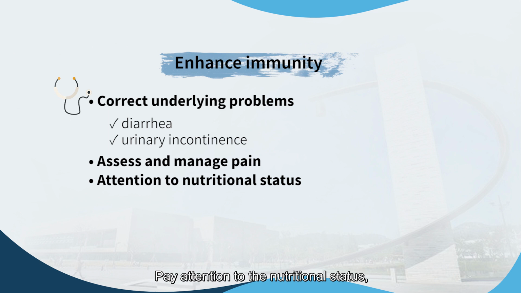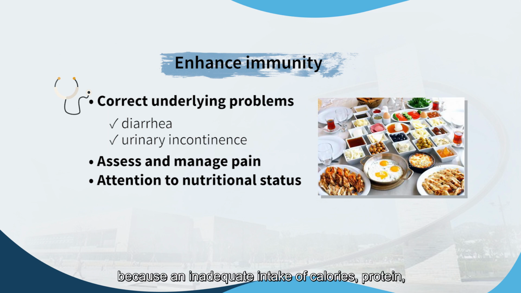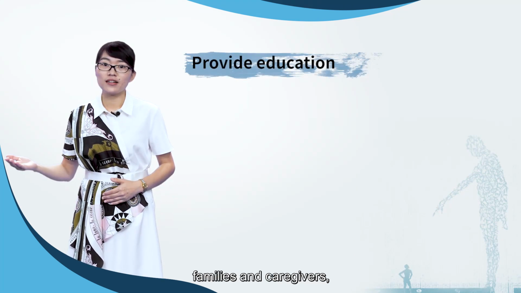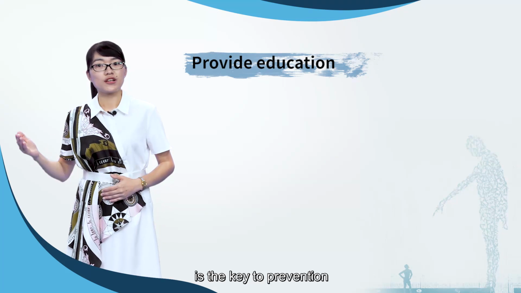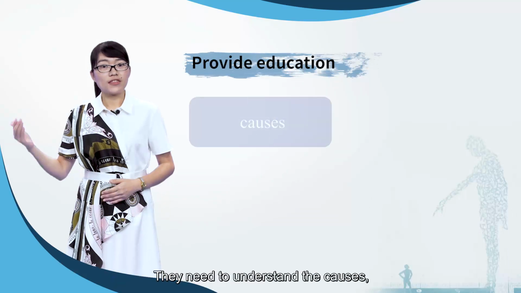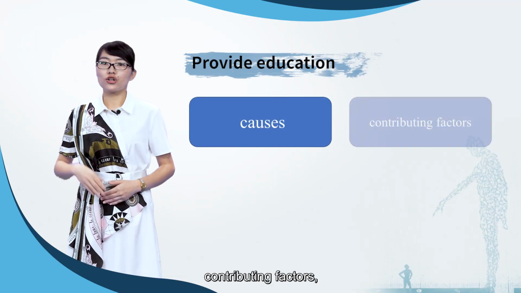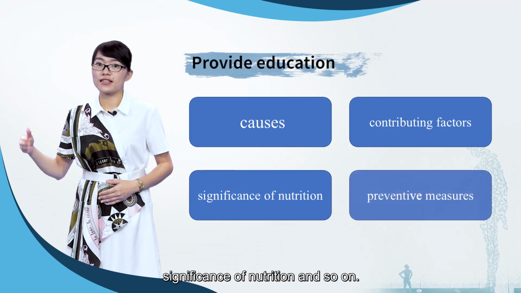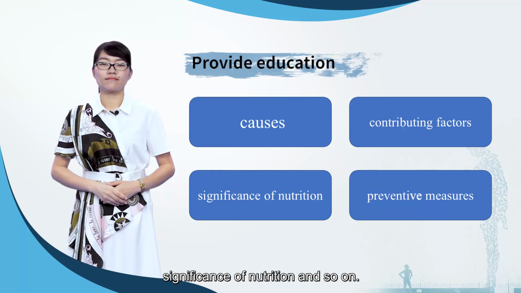Pay attention to the nutritional status, because an inadequate intake of calories, protein, vitamins, and iron is believed to be risk factors for pressure ulcer development. Education of patients, families, and caregivers is the key to prevention and successful management of existing pressure ulcers. They need to understand the causes, contributing factors, prevention measures, significance of nutrition, and so on.